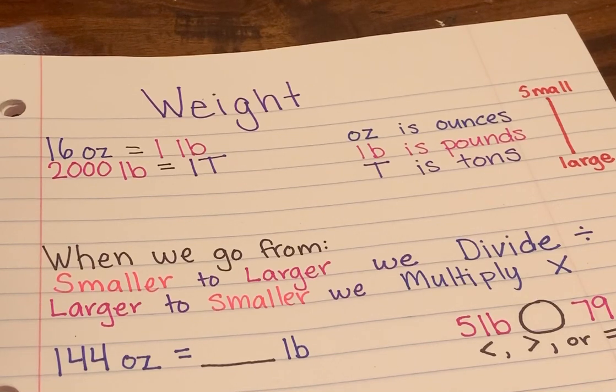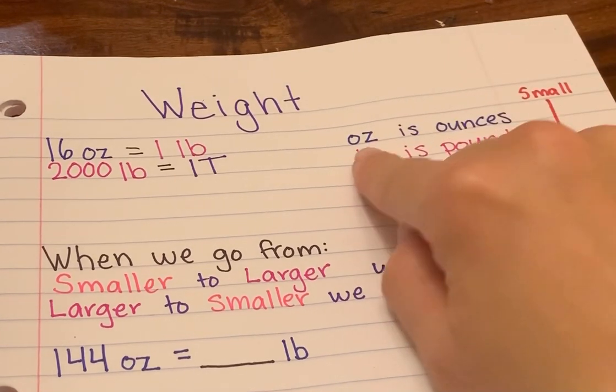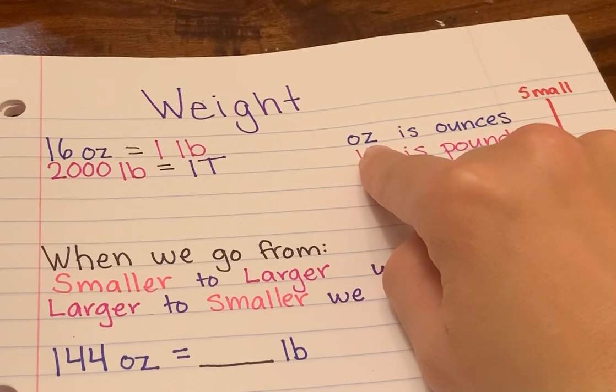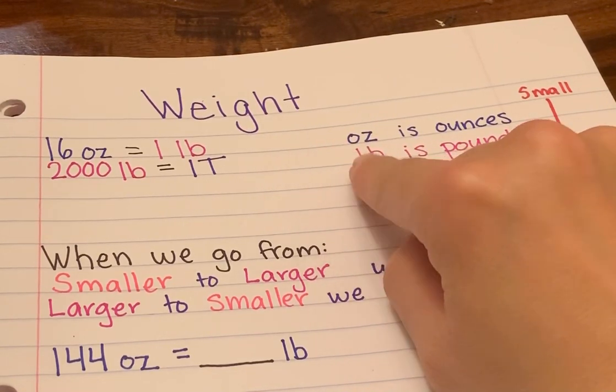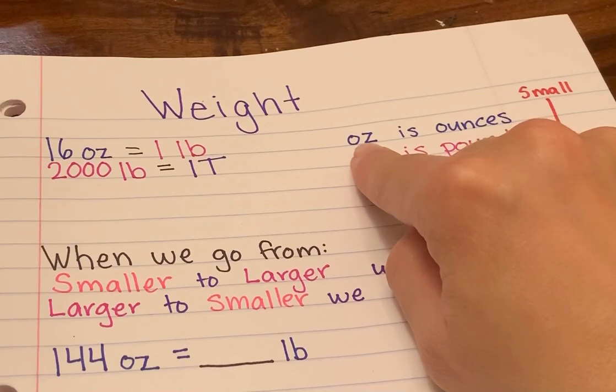The good news here is we really only have 3 different measurements. The smallest one is going to be ounces. We see the OZ again, just like with capacity, but with capacity it was fluid ounces, which are used for liquid measurement. OZ, or ounces, is used for the weight of something.